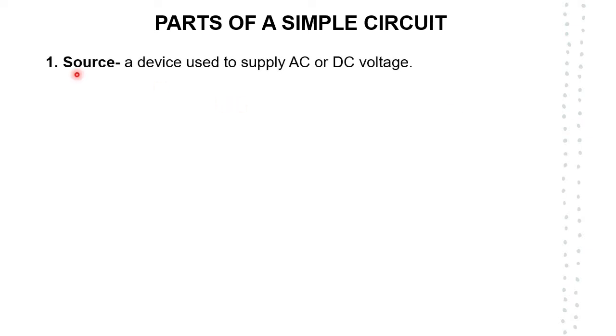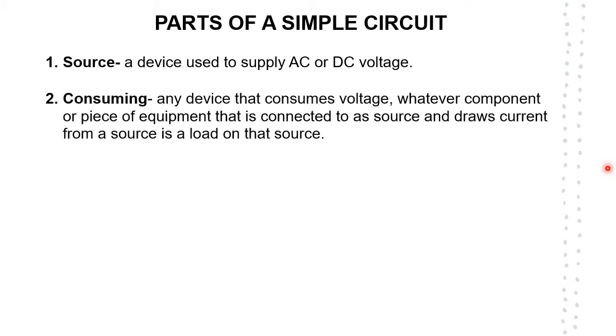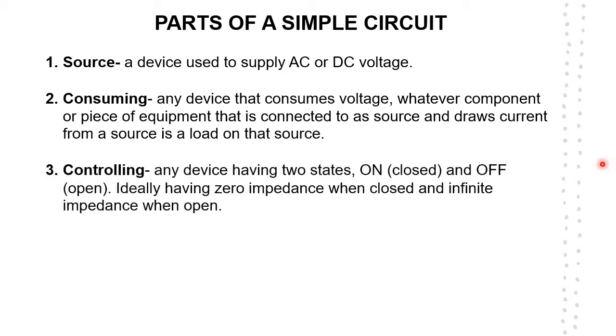Number 1, source. It is a device used to supply AC or DC voltage. 2, consuming. Any device that consumes voltage, whatever component or piece of equipment that is connected to a source and draws current from a source, is a load on that source. 3, controlling.